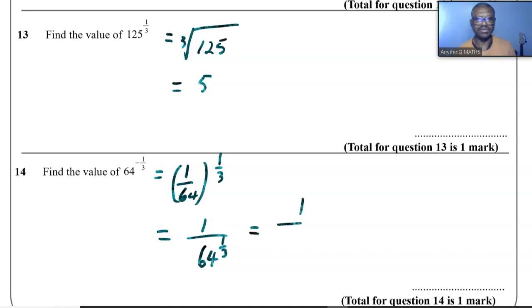And this becomes 1 over the cubic root of 64. The cubic root of 64 is 4. We're going to have 1 over 4.